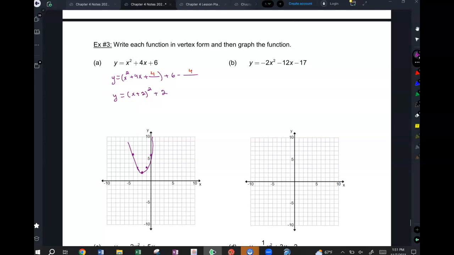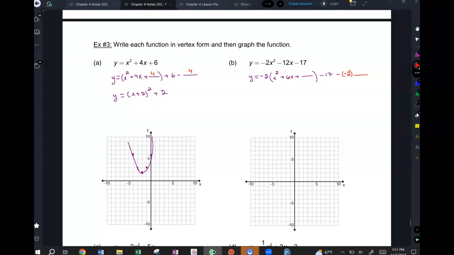Okay, let's do the next one. So here we have to divide by 2. So y equals, take out negative 2, I get x squared plus 6x plus a number, minus 17 minus negative 2 times a number.